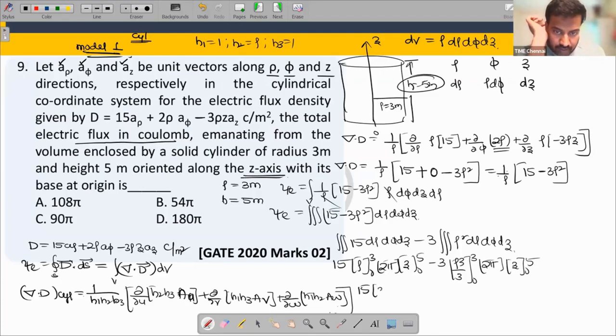This is 15 into 3 into 2 pi into 5, minus, the 3 goes off, 27 into 2 pi into 5.